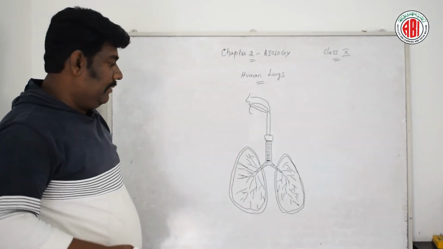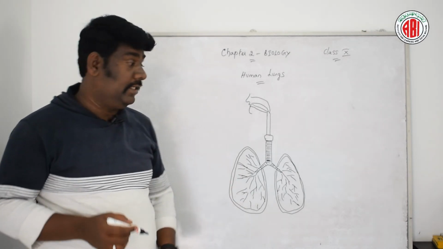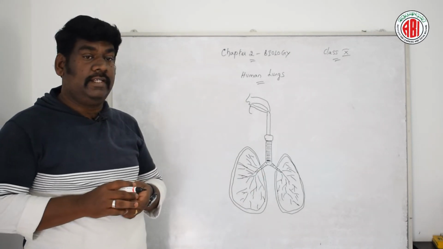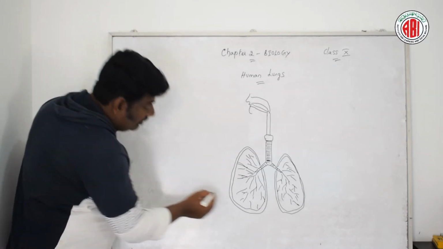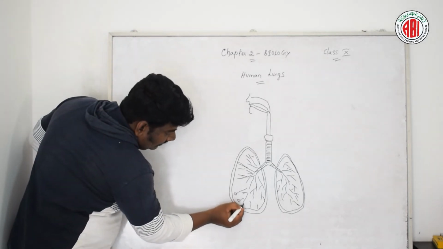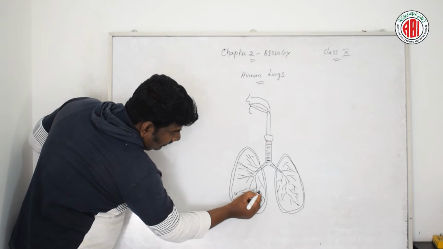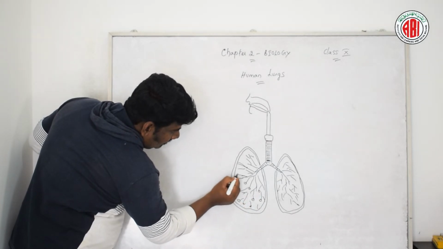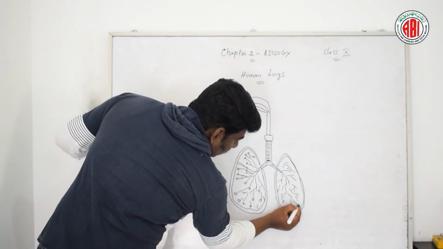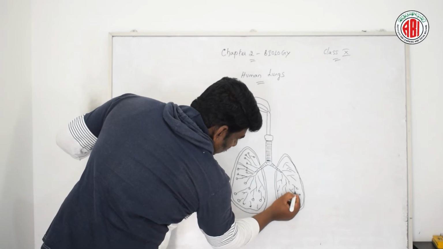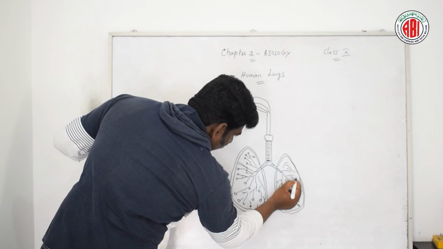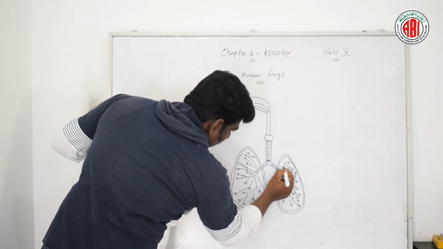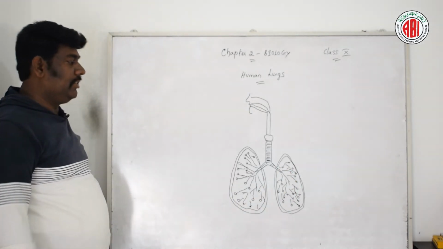Now let us label the human lungs. What are the different labelings? Wherever the small branches end, make a small pouch like structure like this, which shows the alveoli, the structural and functional unit of the respiratory system.